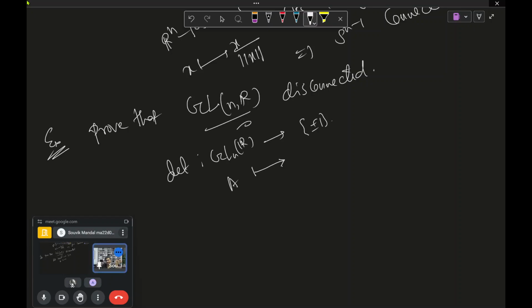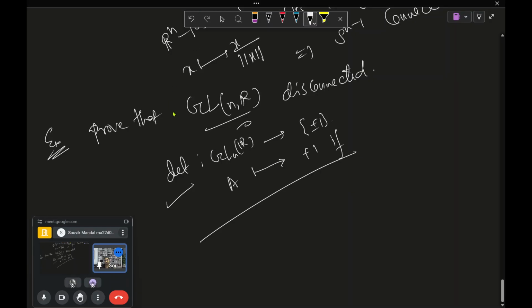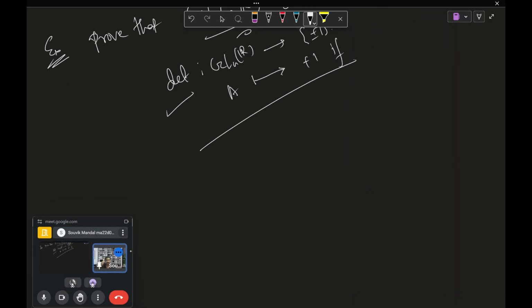No, I mean, it is not exactly the determinant, the map goes as follows. Let me write it down in a more elegant way. A goes to determinant A by modulus determinant A. So this function is a map from GLn R to plus minus 1.